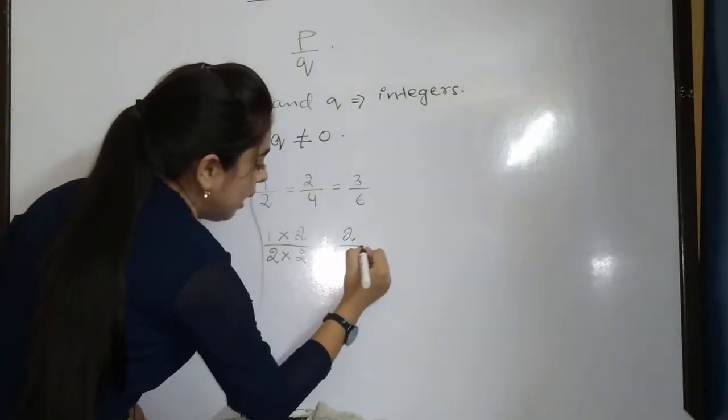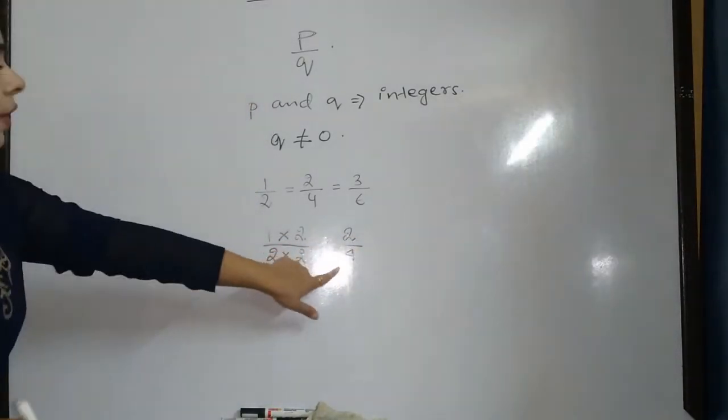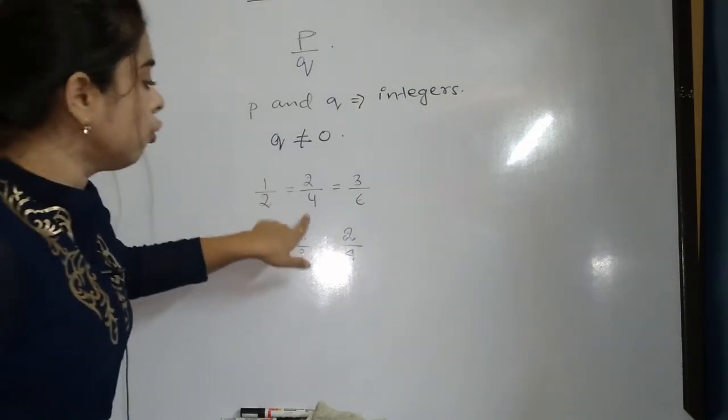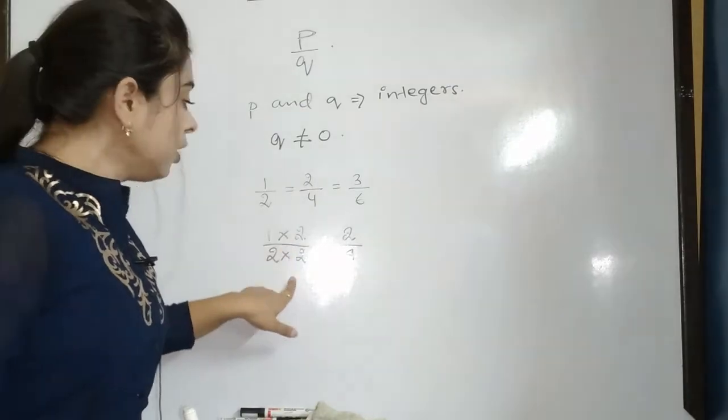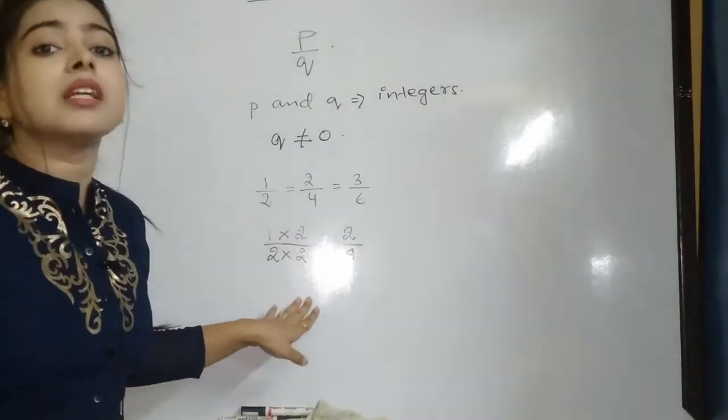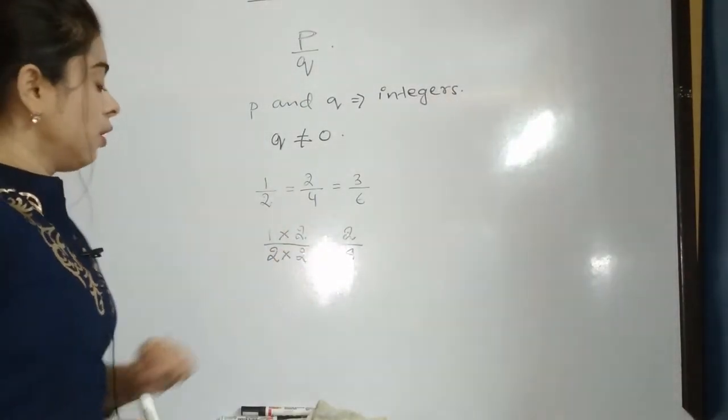We get 2 by 4. As I have already mentioned, 1 by 2 is equivalent to 2 by 4. So multiplying the numerator and the denominator with the same digit gives us equivalent rational numbers.